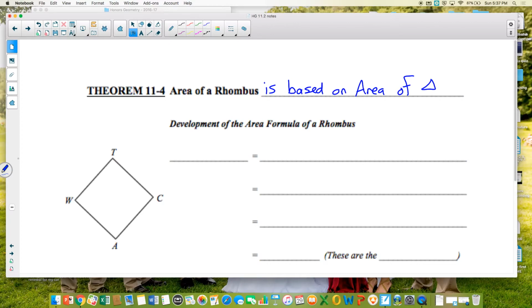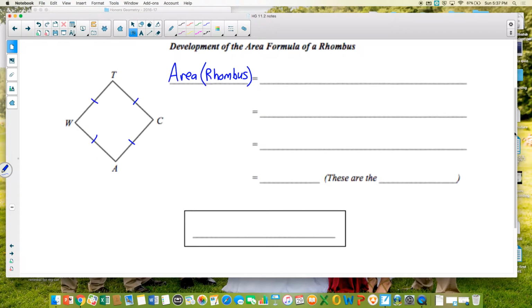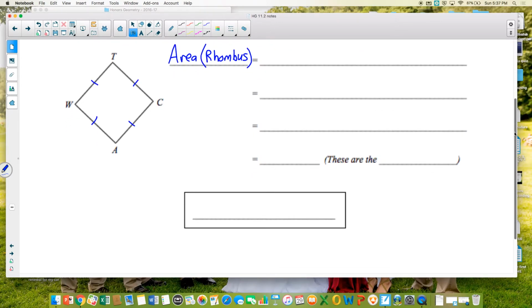So if we were trying to find the area of a rhombus, we have our picture over here. Remember, a rhombus is a shape that has all 4 sides congruent to each other. So looking at the rhombus, we can draw diagonals.